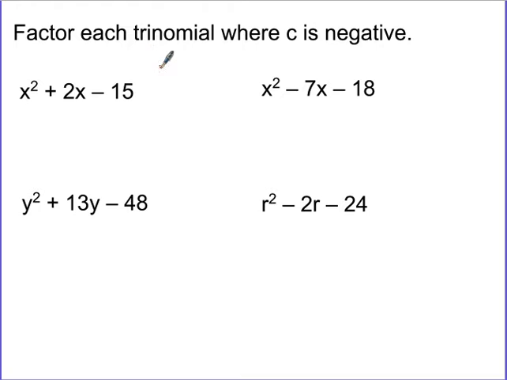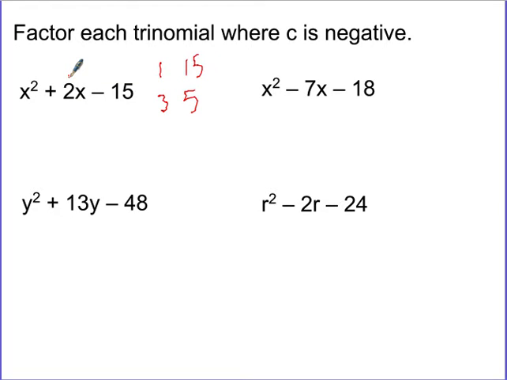So now I need my factors of 15, but I don't know which one's positive and which one's negative yet. So what are my factors just of 15? 1 and 15, 3 and 5. Okay, so now I need some combination of those that will multiply to a negative, so one of them has to be negative, but then when they add together, it's going to end up as a positive.